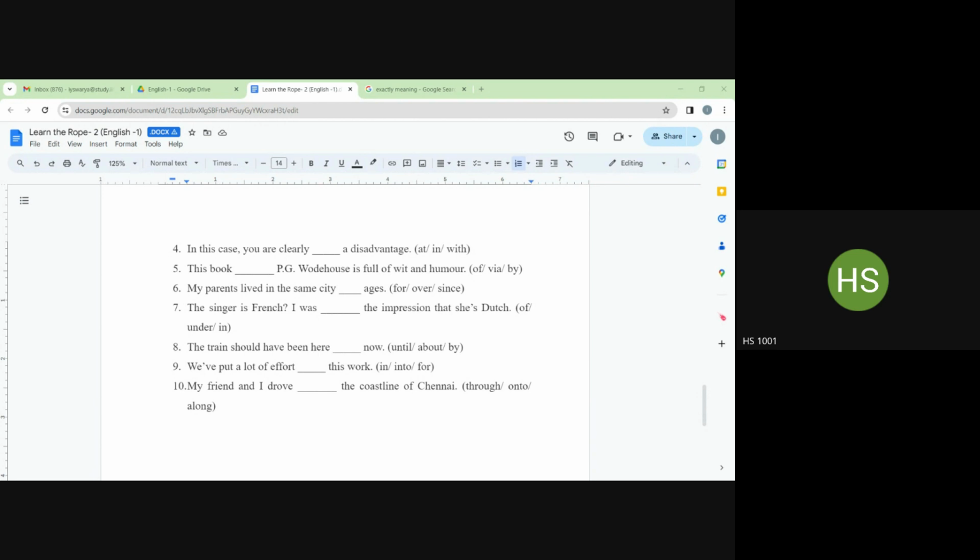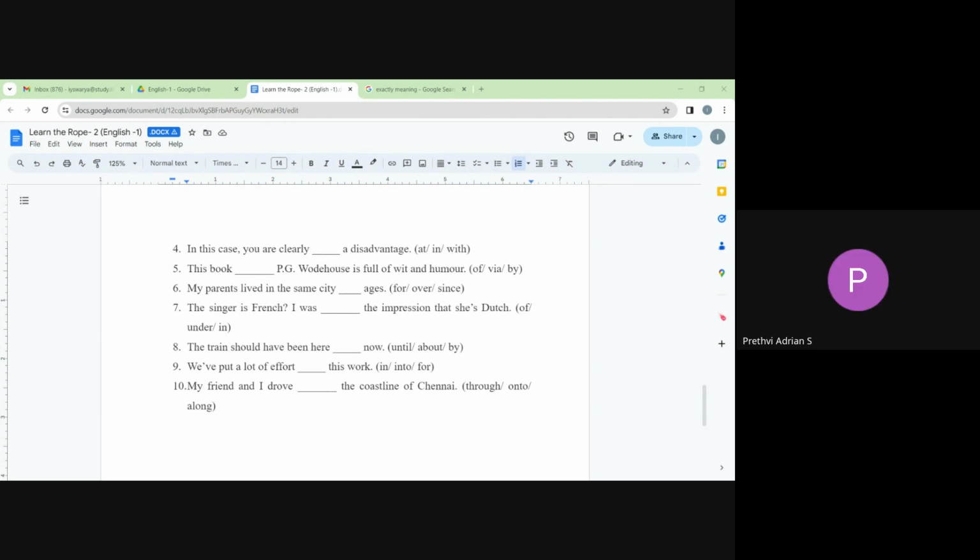But then you are completely changing the context, right? We are talking about the expression along with the word effort. I've put a lot of effort into this work. "I've sacrificed a lot for this work" is a completely different sentence. In that case, it is fine. Here you cannot use "for". Only "into" will be an option: we've put a lot of effort into this work.